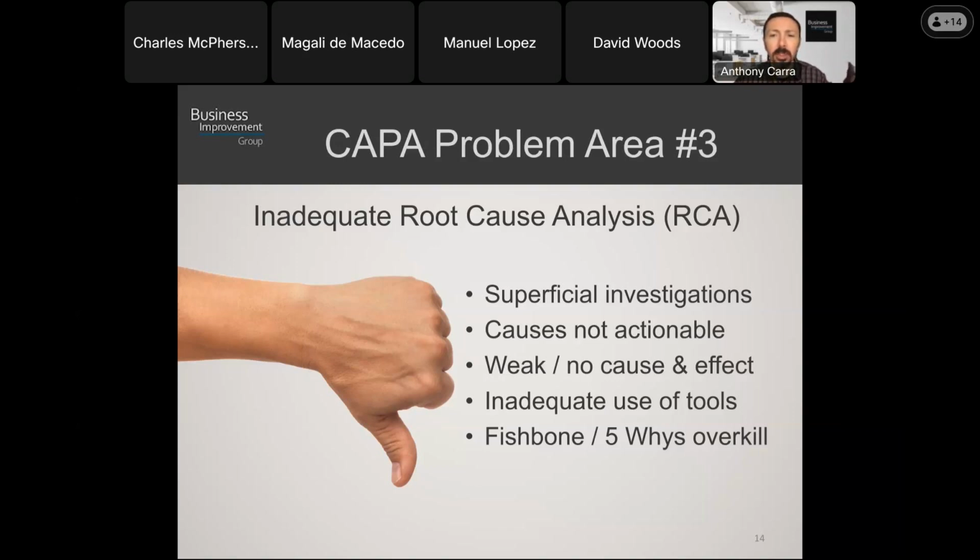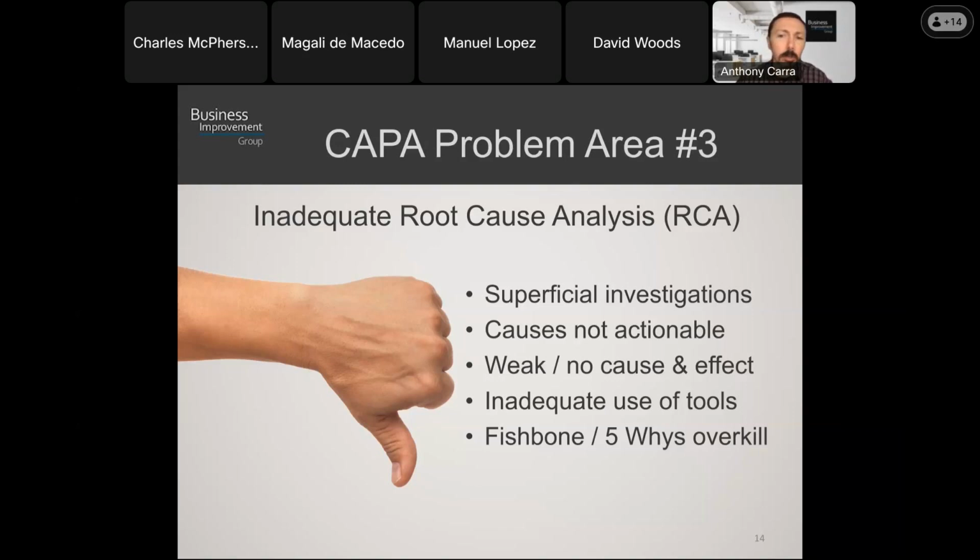They're either just scratching the surface and not necessarily digging down deep enough. They'll come up with causes that aren't actionable, that there's a reason or excuse or blame or what have you, right? Or just something that there's nothing that could be done about it, and that becomes a problem. There's weak or no cause and effect analysis, and as I go down my list, we're going to see some of the things that lead into that.